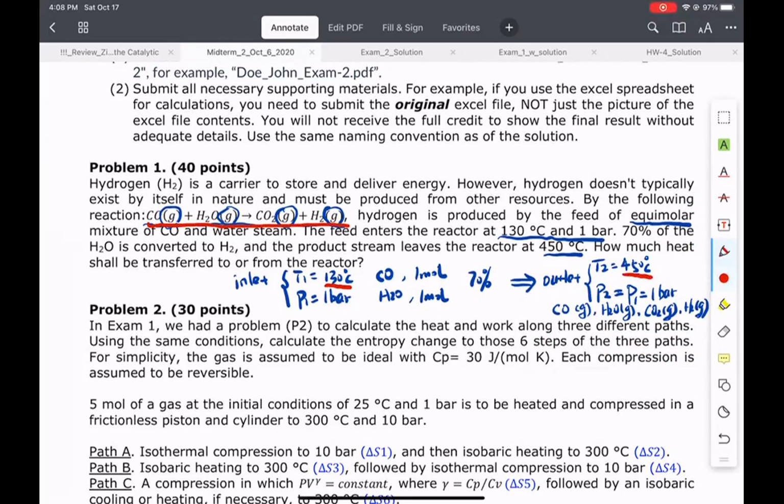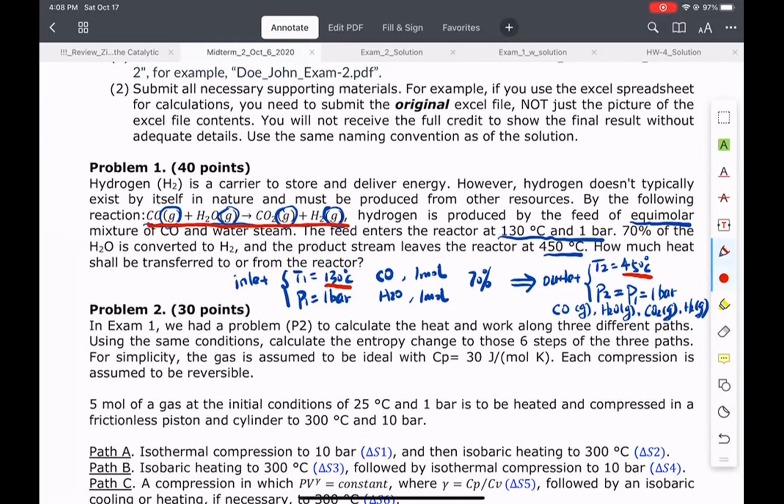In order to calculate that, we need to look at the stoichiometric coefficients for each reactant and product, as well as the heat of formation, so that we can use the standard heat of formation at 298 Kelvin. And then we can calculate the temperature effect on that heat of reaction.